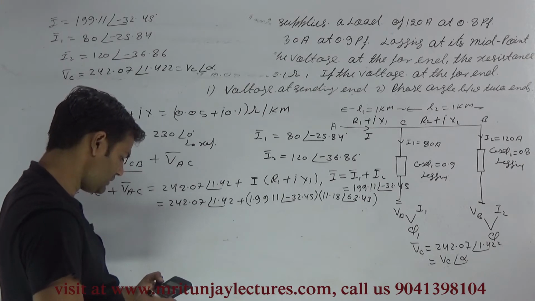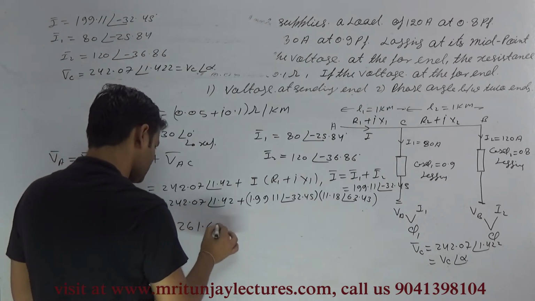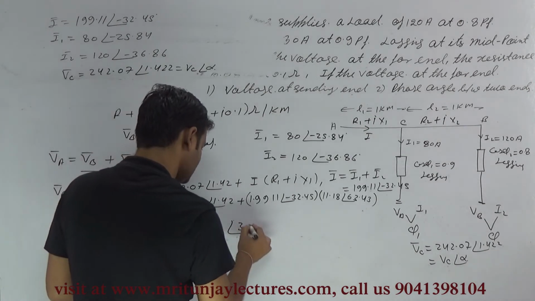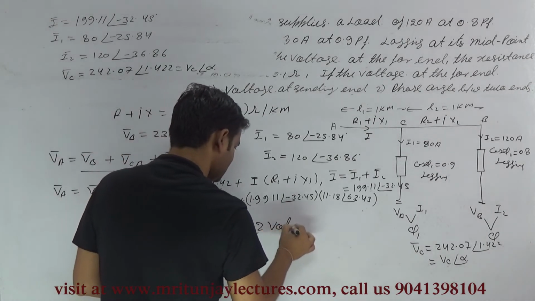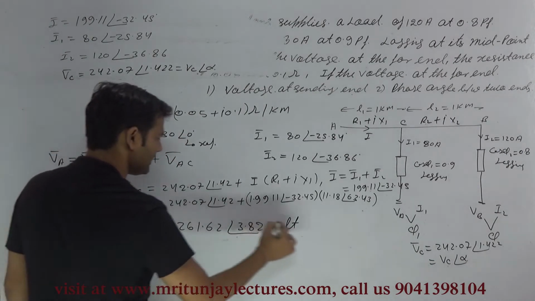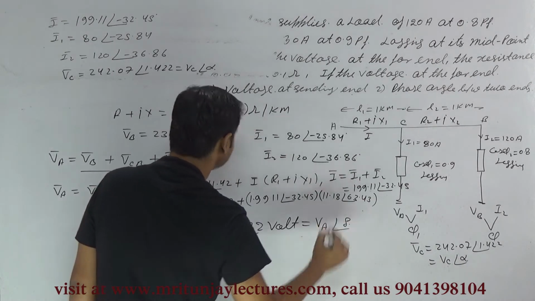And we finally got 261.62 at the angle 3.82 volt. That is VA, and this VA is also written as VA at the angle delta.